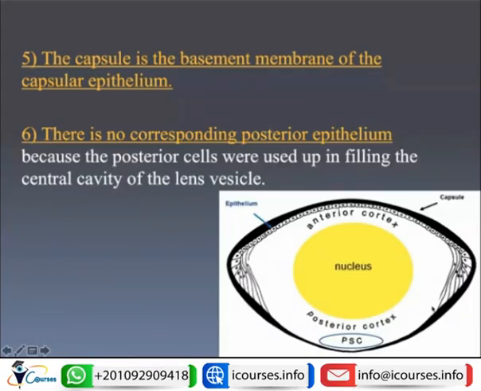And why is this? This is an embryological fact, because the posterior epithelium was consumed during formation of the primary lens fibers. Again, the posterior epithelium no longer exists in adult life because it is consumed during formation of the primary lens fibers.